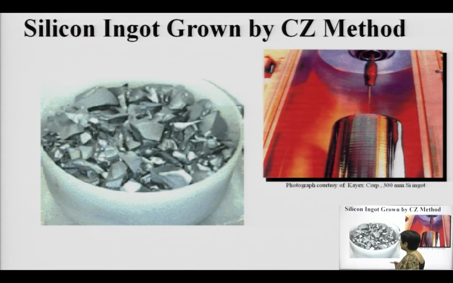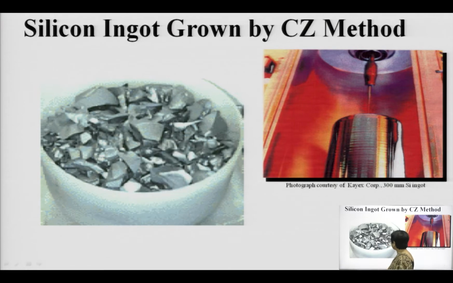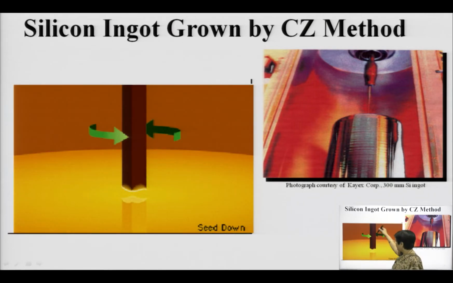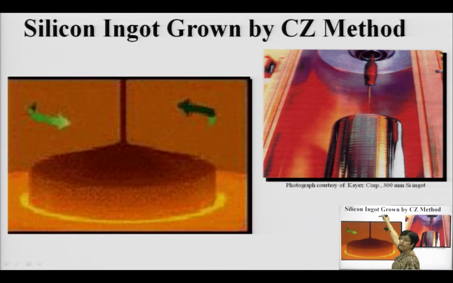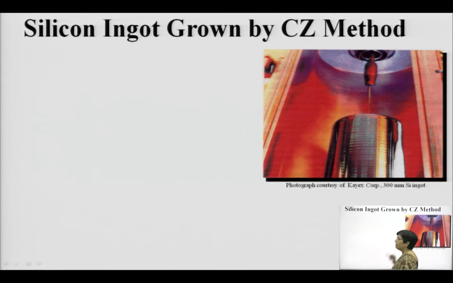This is the original polycrystalline silicon and this is the final ingot, and the processes happening in between are depicted here. The seed is dipped into the molten silicon and lifted slowly; this is how the ingot is formed.